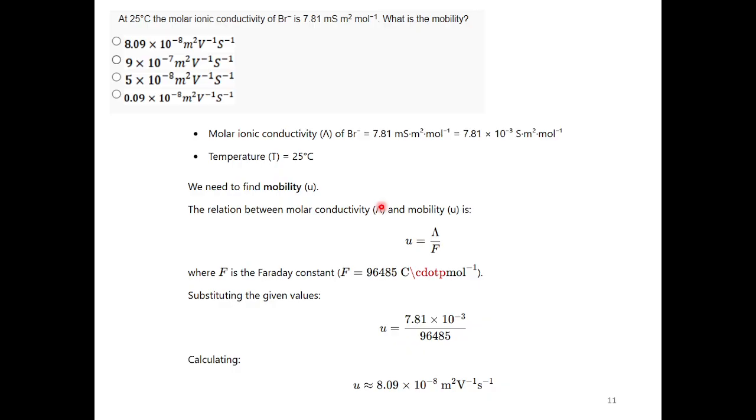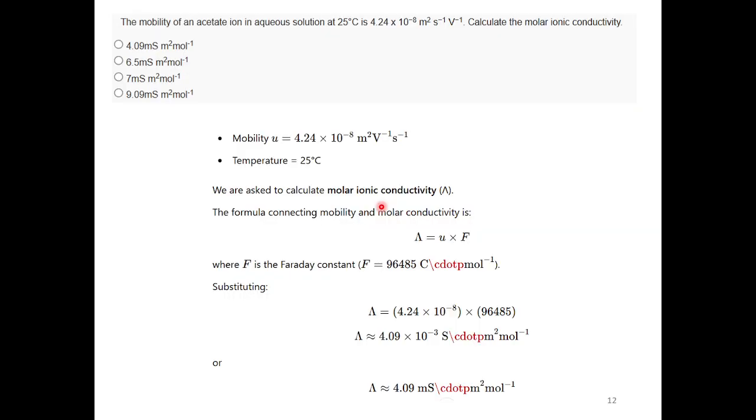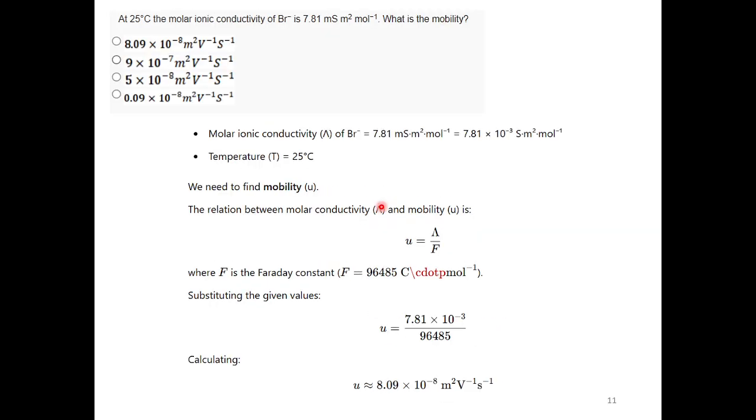Here the mobility is 7.81 into 10 to the minus 3 by 96,485, right? So what is given, molar conductivity and equivalent conductivity? Equivalent conductivity is equal to molar conductivity divided by z. z is the charge of that ion, and if you divide the molar conductivity by the charge of the ion, it will be the equivalent conductivity, right?